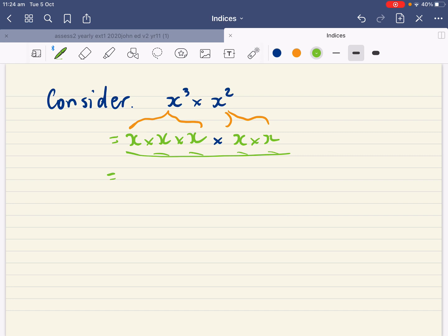Hopefully you haven't skipped lessons and you have covered the second lesson. In index notation, this would just be x to the power of 5. And this actually is our answer. So if we go back up to the original question, x cubed times x squared, it wasn't x to the power of 6. This ended up becoming x to the power of 5. How did we get it? Well, really simple. We wrote it out in expanded notation.